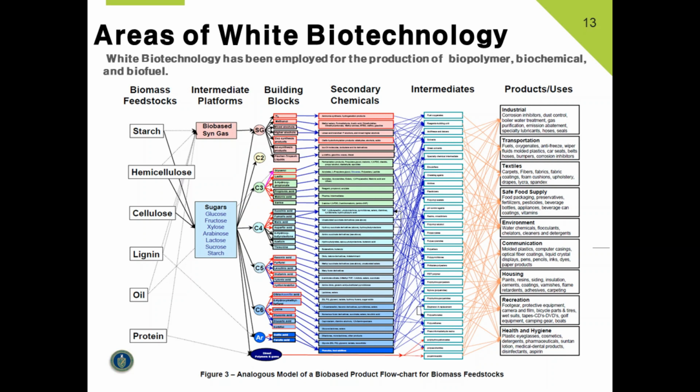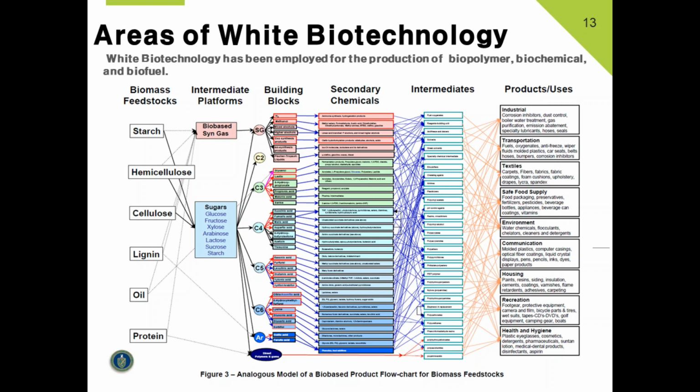The next figure shows the biomass feedstock, the related intermediate platforms, building blocks, secondary chemicals, intermediates, and products produced from those feedstocks. It is very complicated. So, main biomass feedstocks are starch, hemicellulose and cellulose, and lignin, all three which are mainly from lignocellulose biomass or plants.